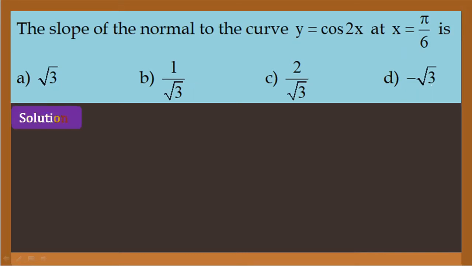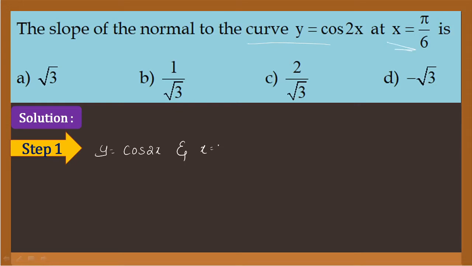Let us find this. Given curve is y is equal to cos 2x and x is equal to pi by 6.